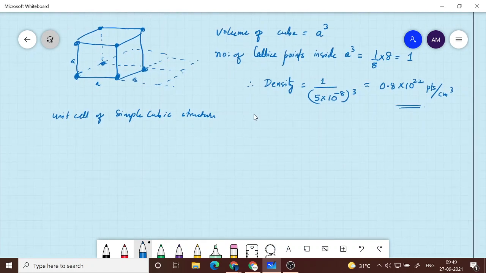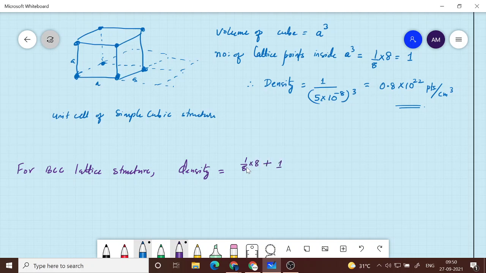Now if we go to a body centered cube, in addition to the above we have one atom at the center of it. For a BCC lattice structure, the density is going to be 1 by 8 into 8, plus one additional at the center.